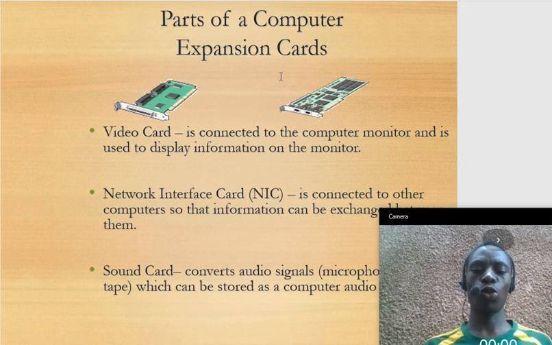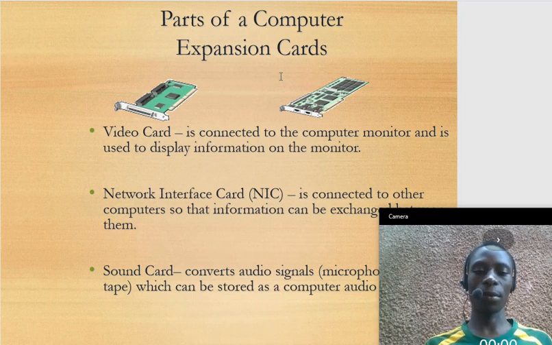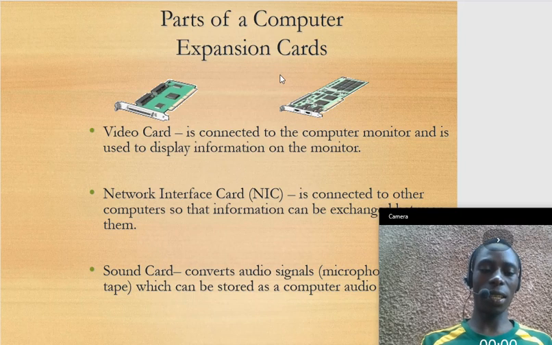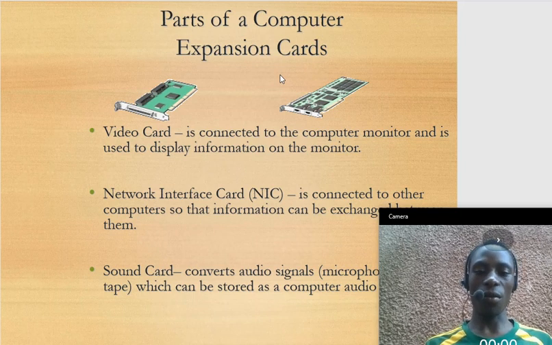But to open it on your computer, it can't play because your computer cannot display videos. All you need is to buy a video card and add it in your computer to improve the performance of your videos. Okay? So a video card is connected to the computer monitor and is used to display information on the monitor. So we can use it so that it displays our videos.